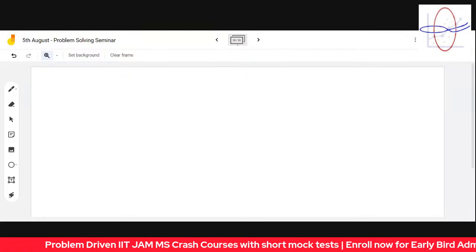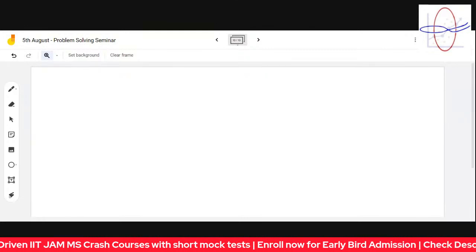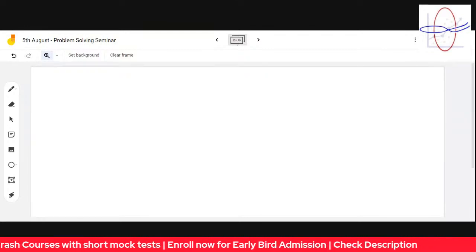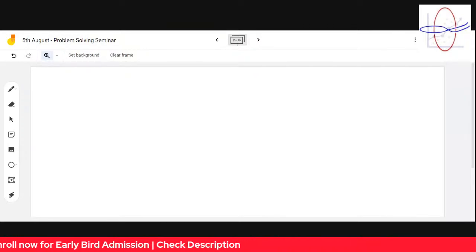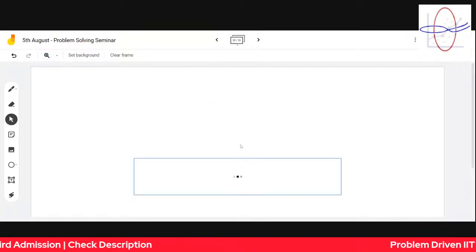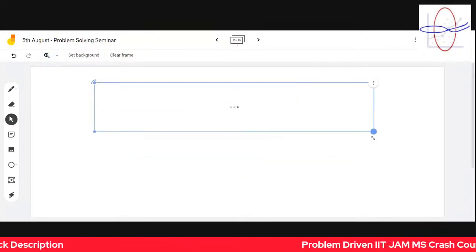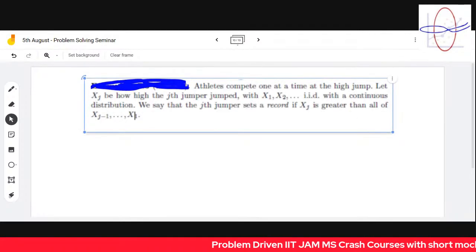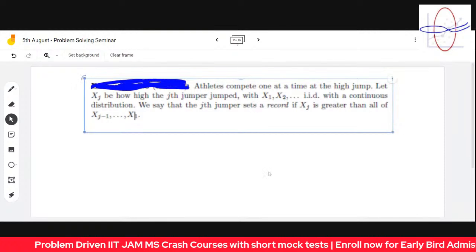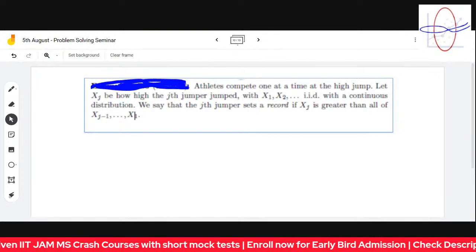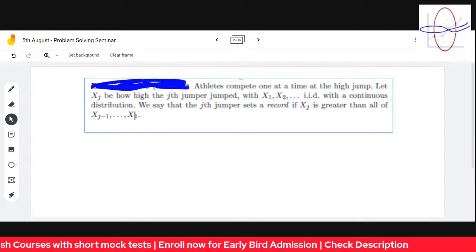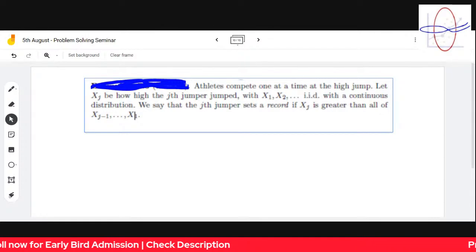The problem asks about athletes competing one at a time in the high jump. So let's understand the problem. It's on Olympic time, so I thought of giving you this problem.